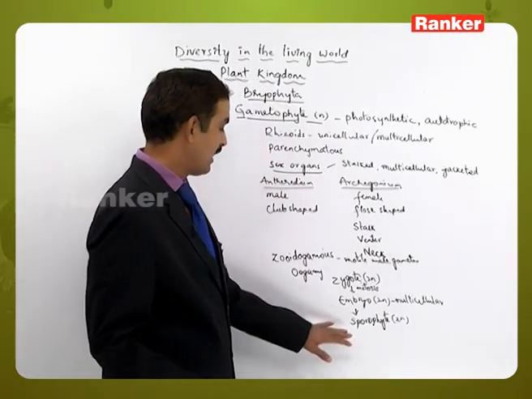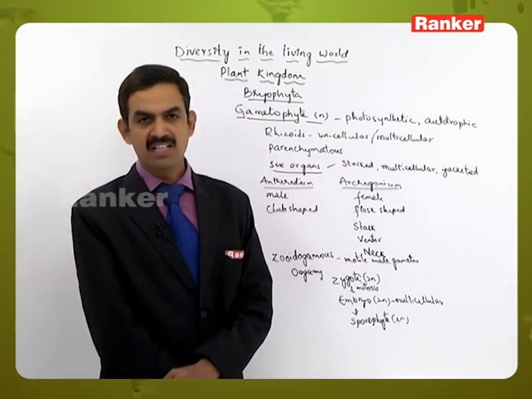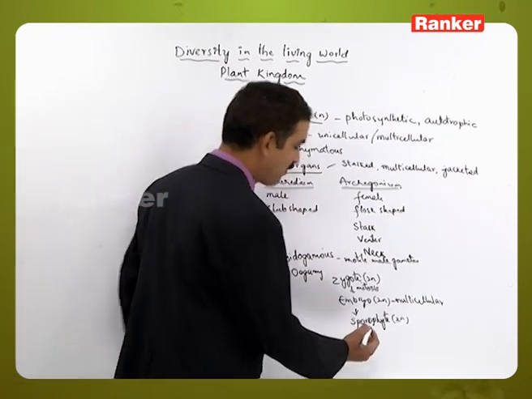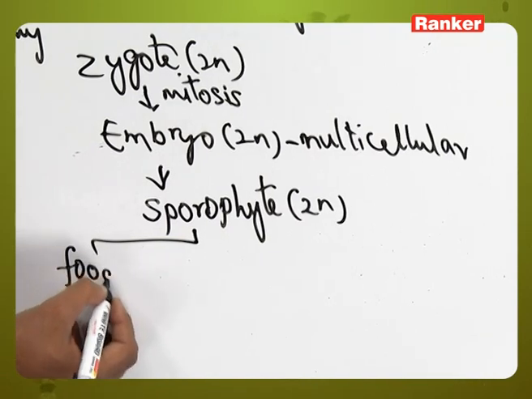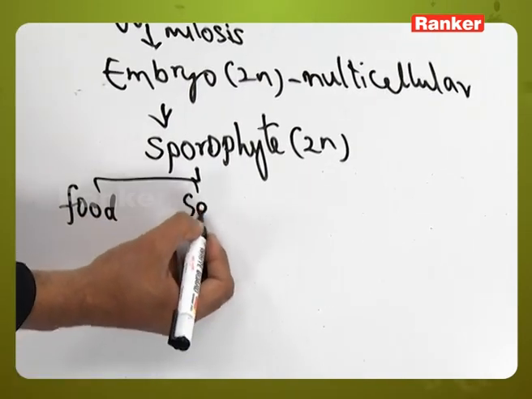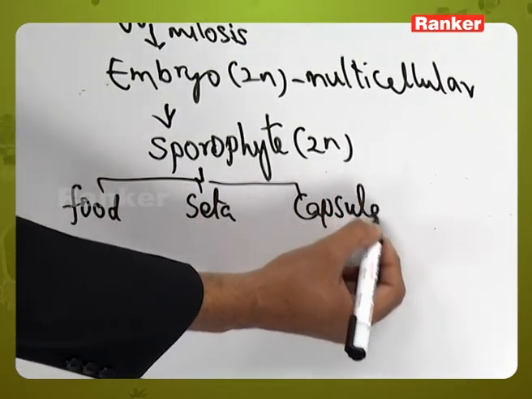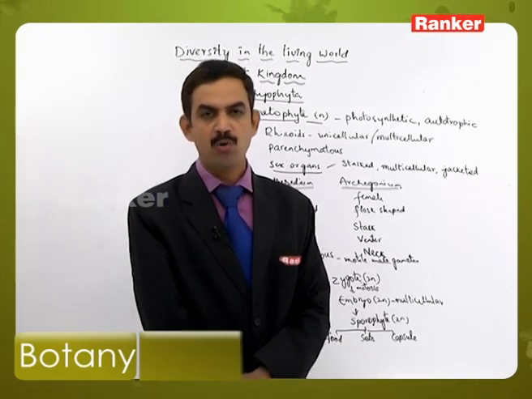In the lower bryophytes, the sporophyte contains only a capsule as in Riccia, but in higher ones the sporophyte contains three parts: foot, seta and capsule. The capsule is a fertile region which produces the haploid spores.